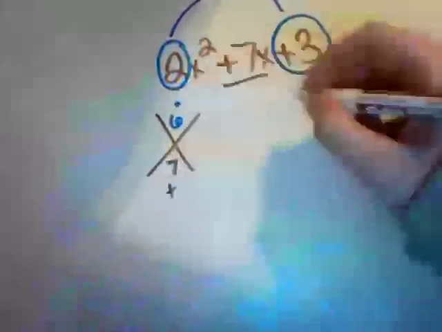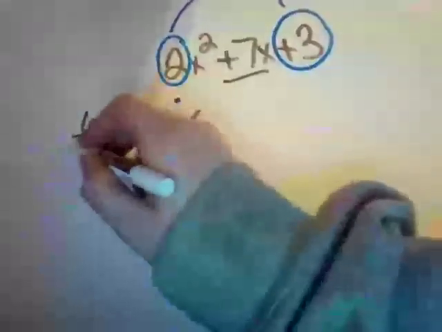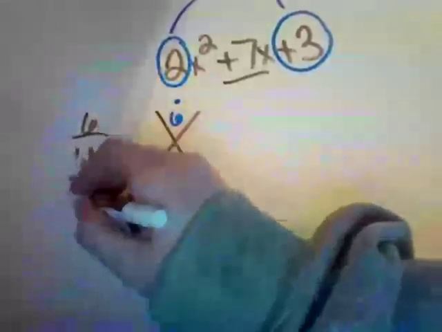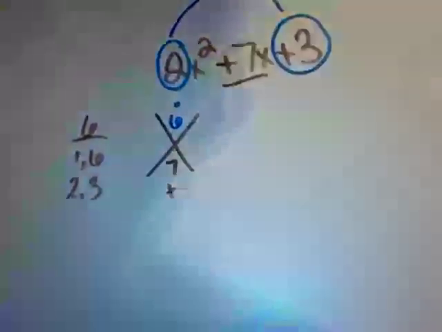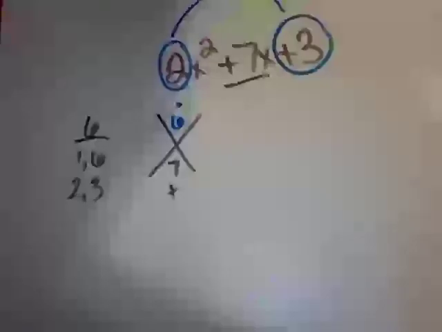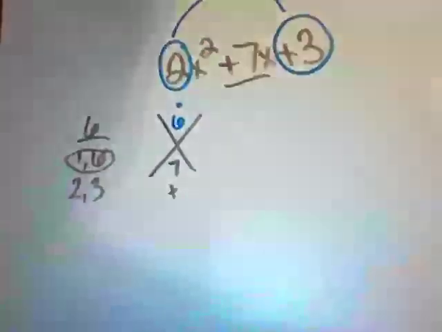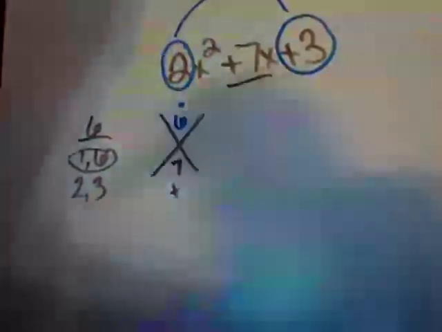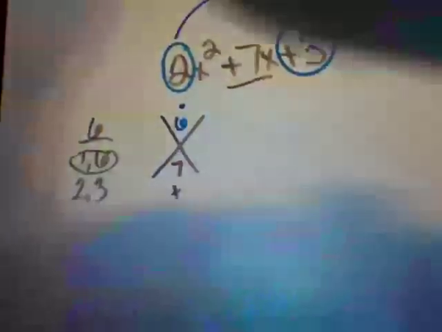If we are multiplying to make 6, we have 1 times 6 or 2 times 3. If we're also looking for a pair that adds to make 7, that's going to be the 1 and the 6. So I'm going to put the 1 and the 6 over here in our x.